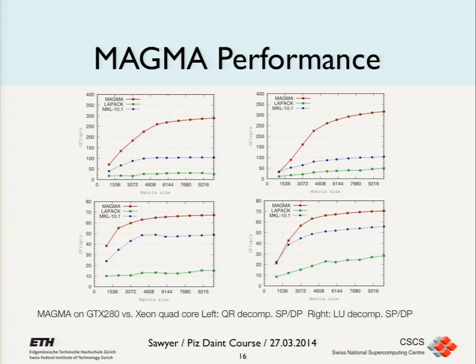It's a much older GPU. And there's a huge jump between double precision and single precision, because of the way old GPUs handled double precision, right? But the good news here is MAGMA and LAPACK were down here. MAGMA performing maybe twice as well as LAPACK, but still a factor of 3 or 4. The GPU is maybe a factor of 3 or 4 better, say 3 better than the CPU version.